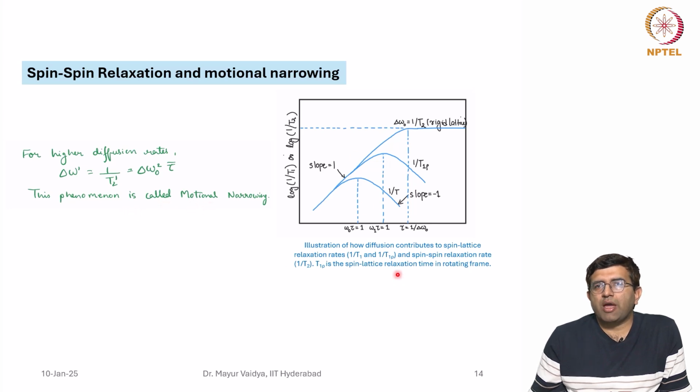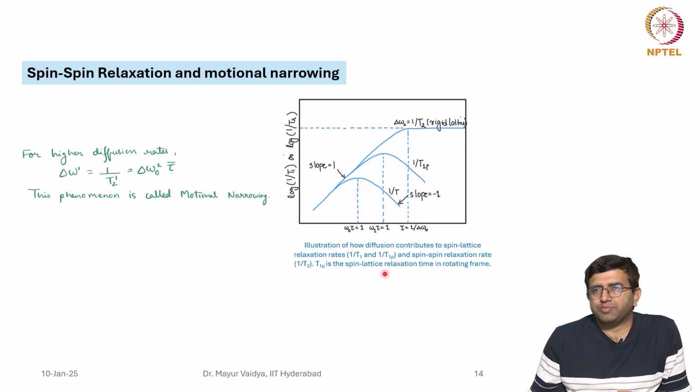So, this is a schematic of how diffusion contributes to the spin lattice relaxation rates 1 by T1 and 1 by T1 rho, and the spin relaxation rate 1 by T2. T1 rho is the spin lattice relaxation time in the rotating frame.